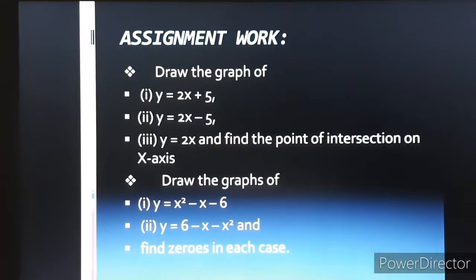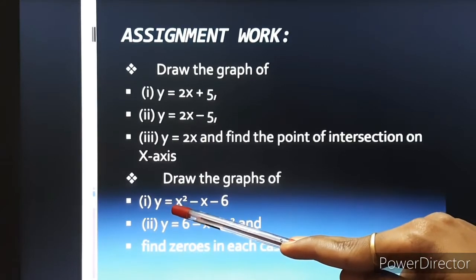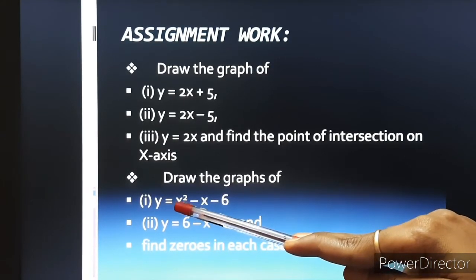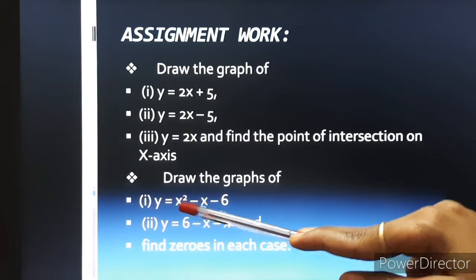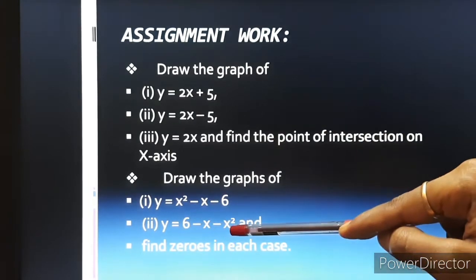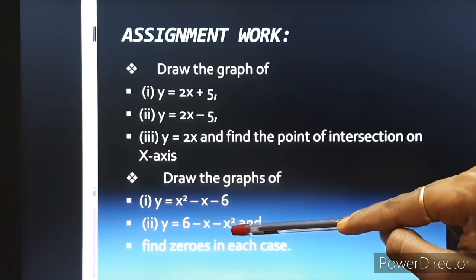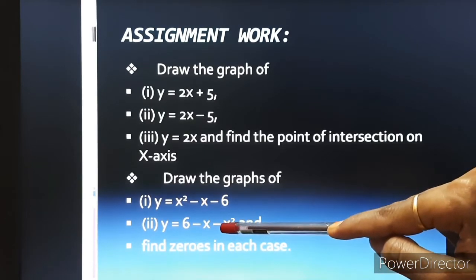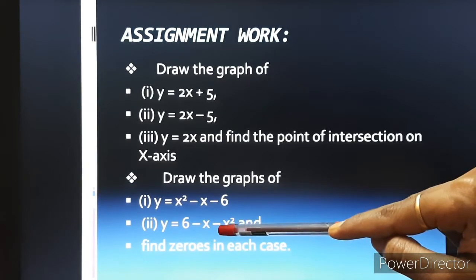Okay, if you observe here ax square, what is a value here? It is 1, it is positive, it is greater than 0. Means the parabola comes how? Opens upward. But here 6 minus x square, here the a value is minus 1, which is negative, that is less than 0.